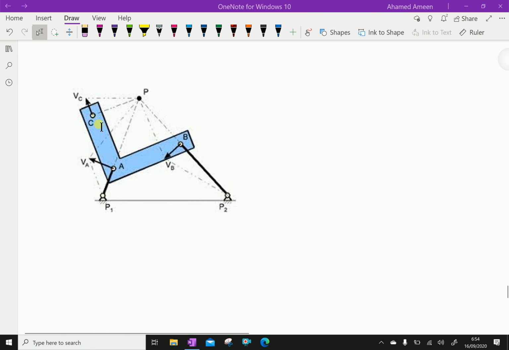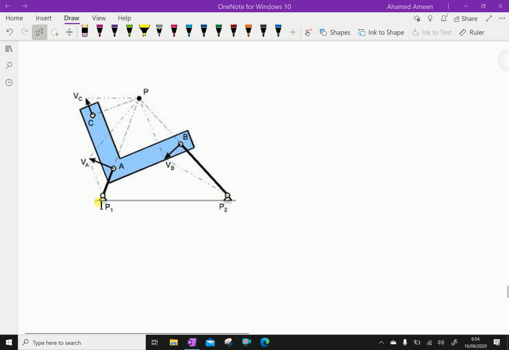Look at one more example. Look at this link. The L link is connected with hinges at P1 and P2. That means this frame, A P1 and B P2, can oscillate like a car wiper.